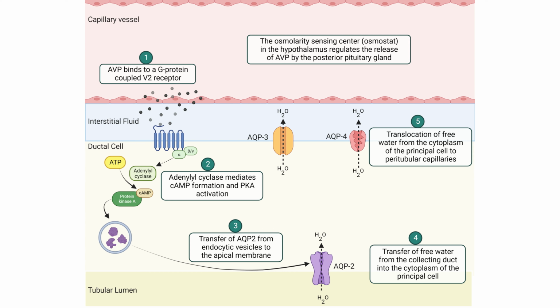Aquaporin 2 released from vesicles inserts into the apical membrane of the collecting duct. This promotes the translocation of free water from the collecting duct into the cytoplasm of the principal cell.